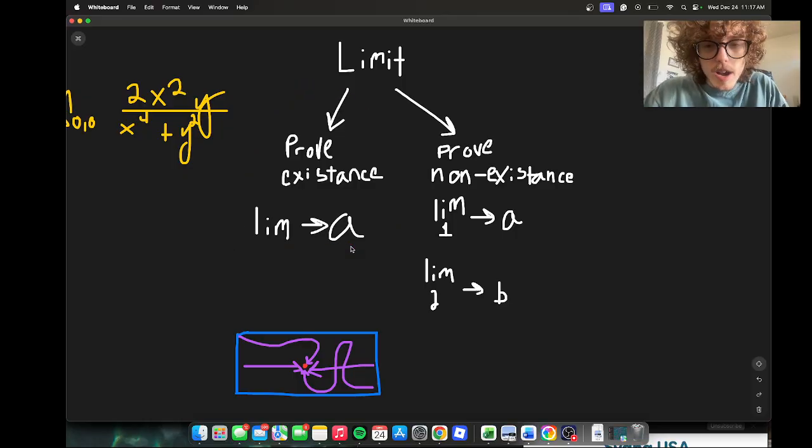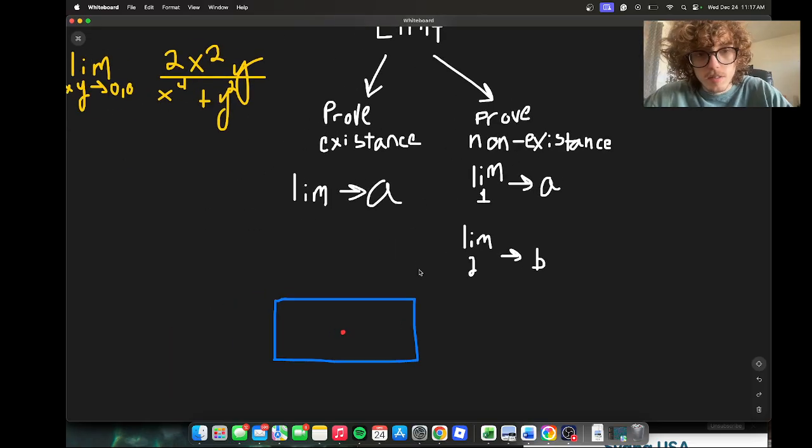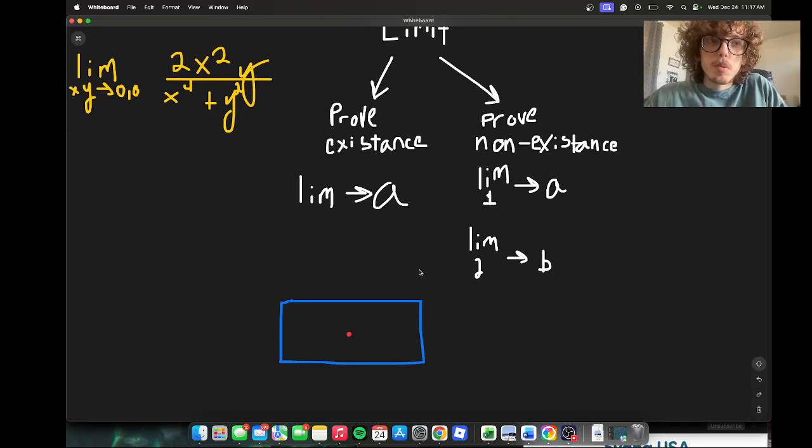It might be more advantageous to prove non-existence. As I laid out, the limit of the first path approaches A, but the limit of the second path approaches B. When A is not equal to B, we know the limit does not exist. It's like 1 over x: you approach positive infinity going one way, but negative infinity going the other way.